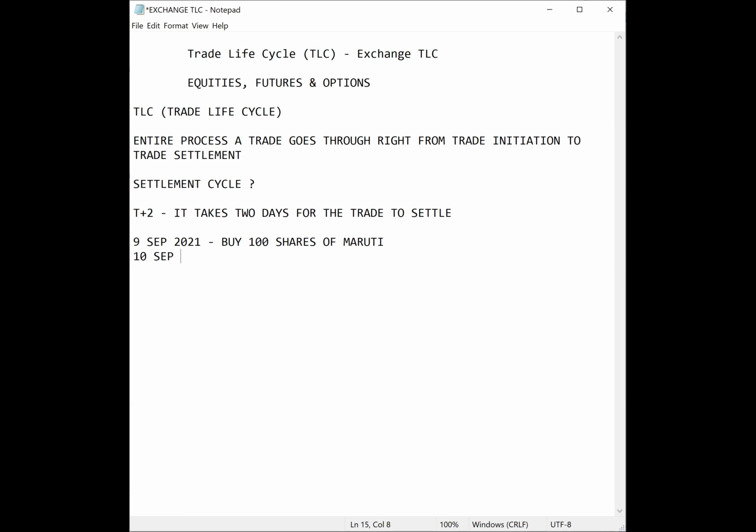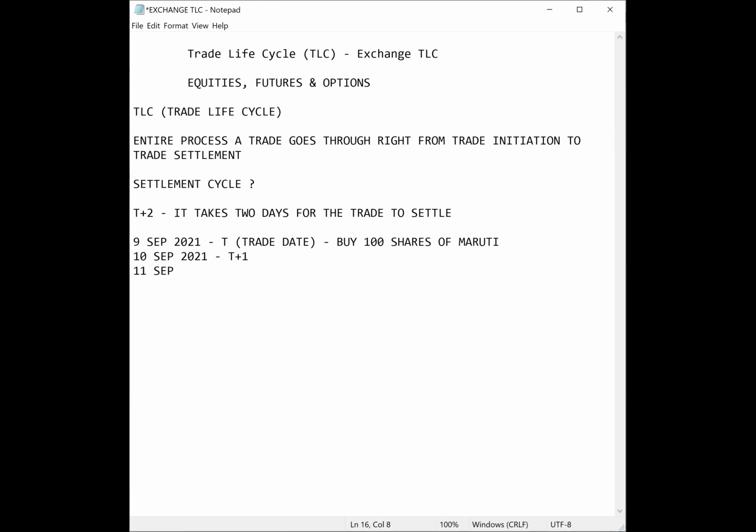On 10th September, we call it T, the trade date. So on the trade date, you place the order to buy 100 shares of Maruti. The order got executed.